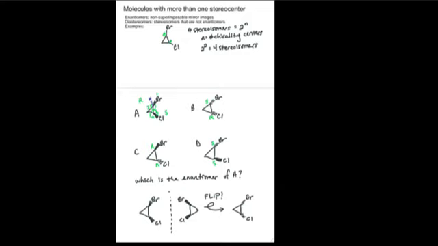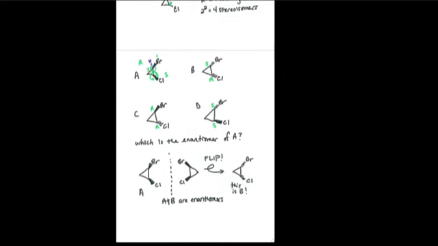All right, and now it's pretty easy to tell that this is compound B. All right, so A and B are enantiomers. All right, and so we can tell which one is the enantiomer that way.